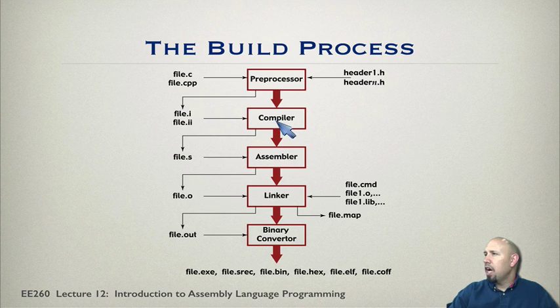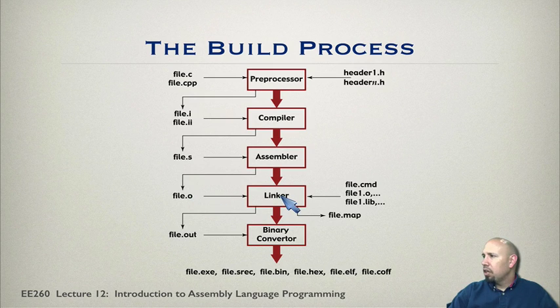Those files are fed into a compiler, and that compiler actually generates an assembly file. So here I've shown a lowercase .s. The Arduino IDE generates an uppercase .S. That goes into the assembler. The assembler then takes that file and creates an object file, a .o file, which is like a precompiled file.